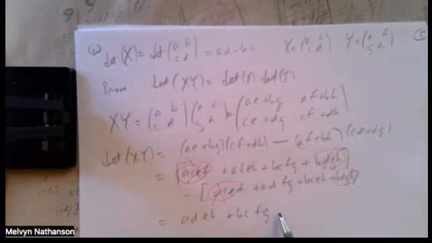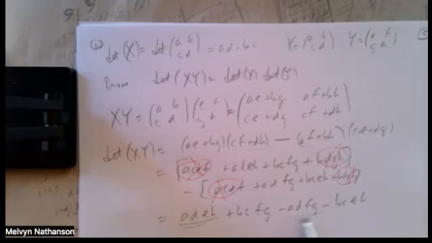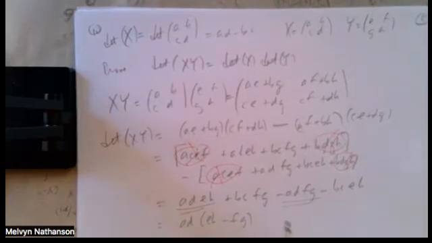So that's ADEH plus BCFG minus ADFG minus BCEH. So let me just play with this a little bit. Here I have ADEH and here I have minus ADFG. So that's AD times EH minus FG. And here I have BCFG and minus BCEH. So I can write that as minus BC times EH minus FG.